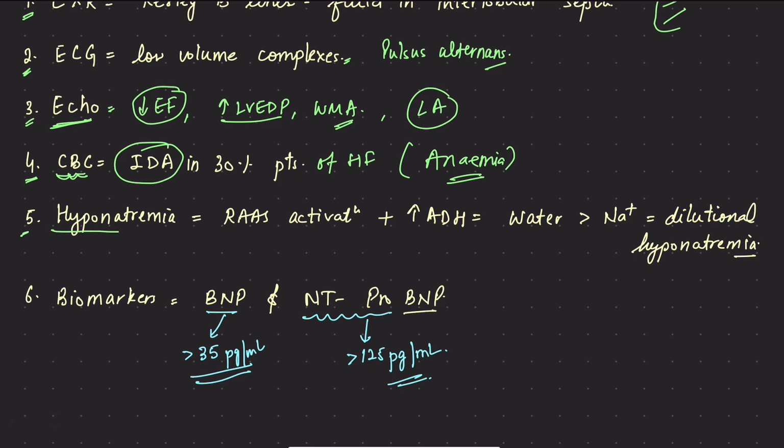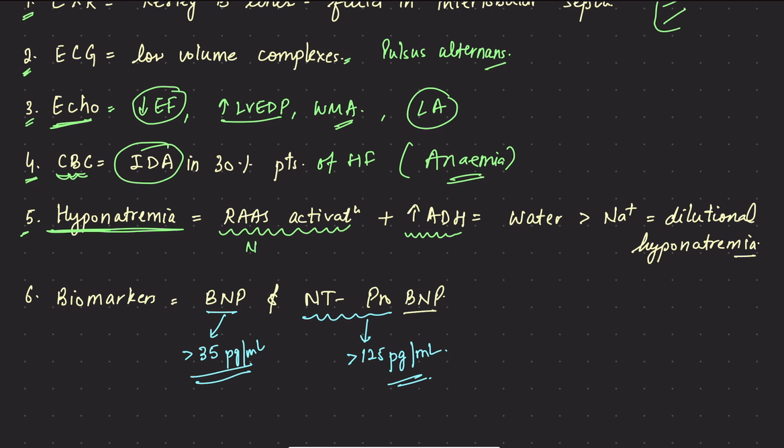Then is the hyponatremia. Why hyponatremia? In heart failure, there is activation of RAS, right? At the same time, there is increased ADH release, vasopressin, right? These two mechanisms will cause water reabsorption.